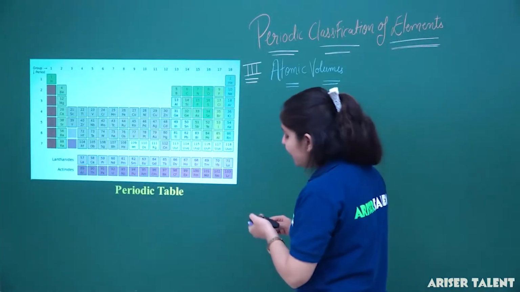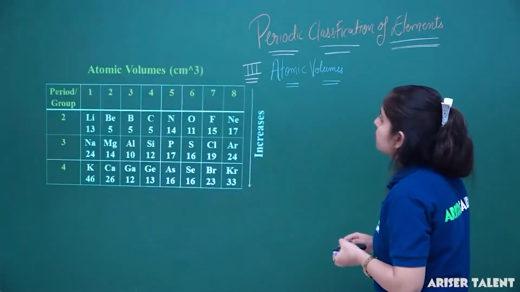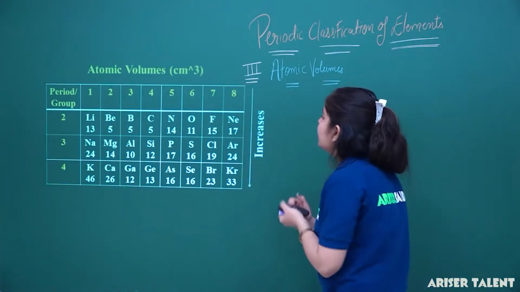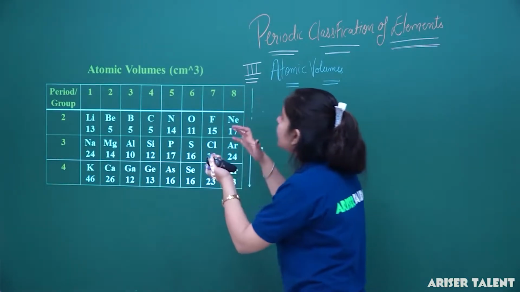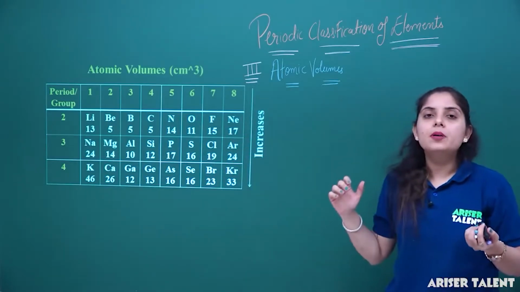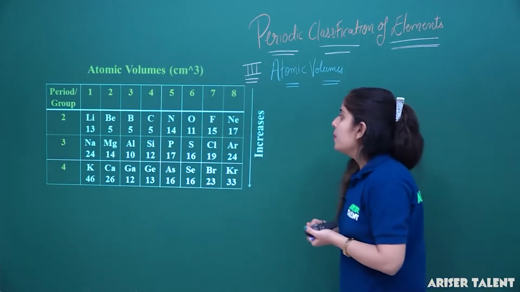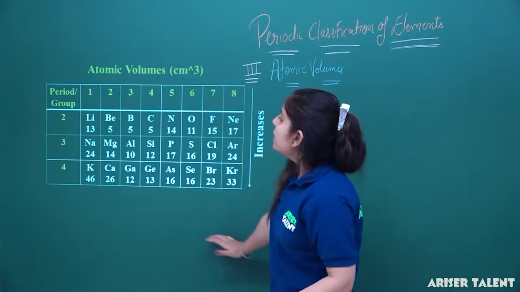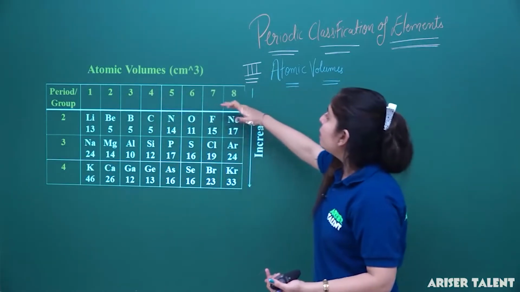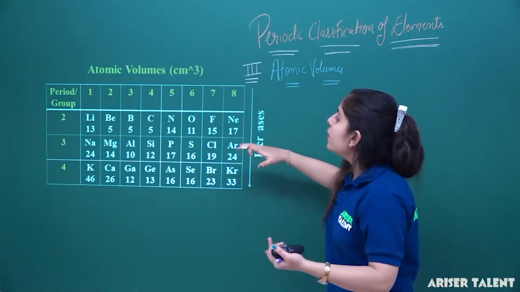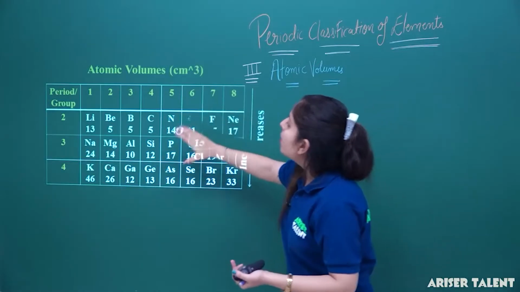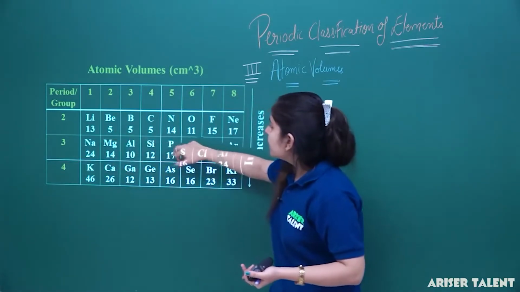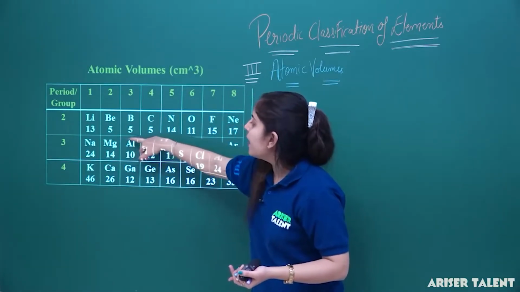So you can see that these are the simple classification of the atomic volumes moving from left to right. What you are observing here, in the trend moving from left to right in the periodic table, is that the atomic volume decreases for some of the elements.